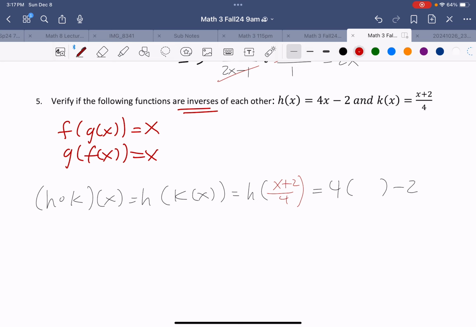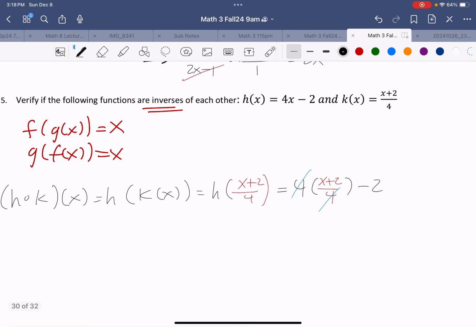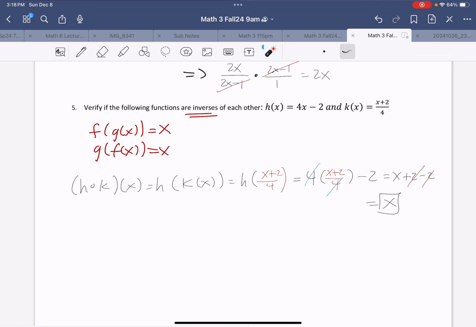But instead of x, that's where x plus 2 over 4 is, which the 4's will cancel. And I'll be left with x plus 2 minus 2. The 2's cancel, and I'm left with just x, which is exactly what I want.